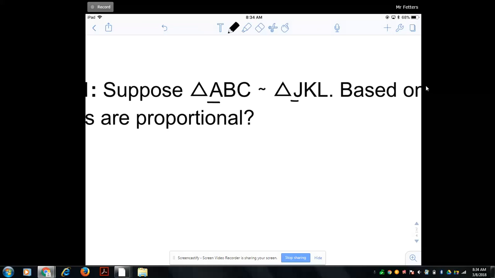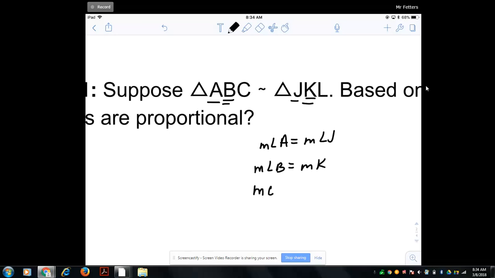So if it's similar, we would know that the measure of angle A is equal to the measure of angle J. We would also know that the measure of angle B would be equal to the measure of angle K. And we would know that the measure of angle C is equal to the measure of angle L.